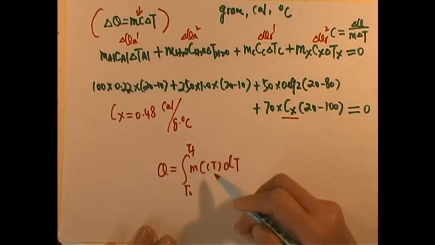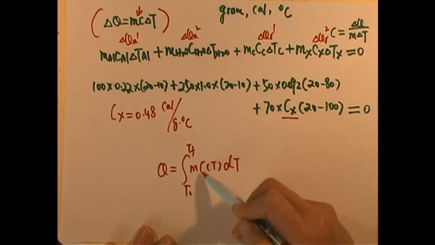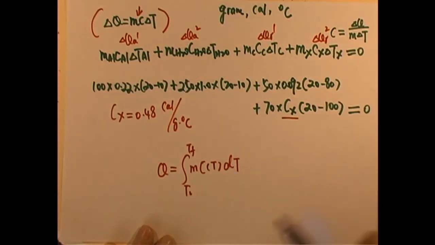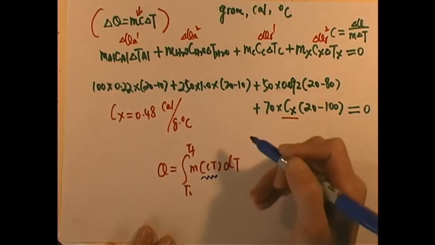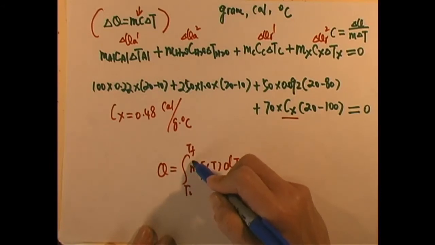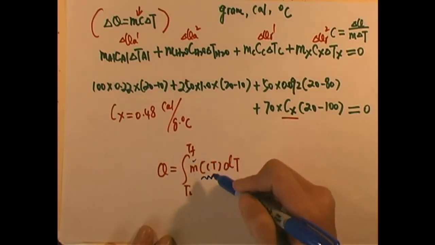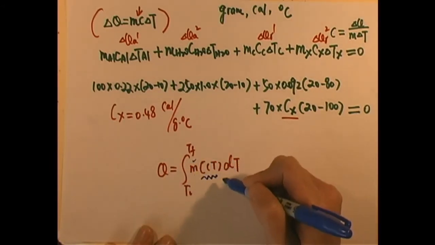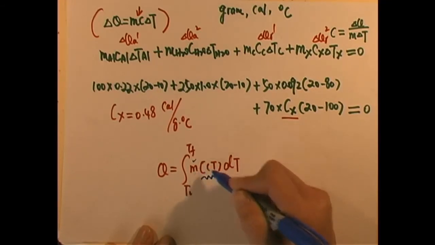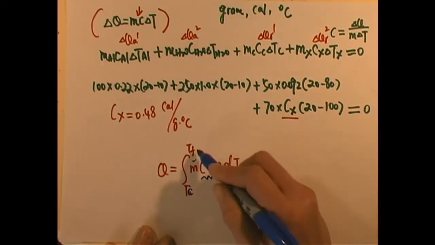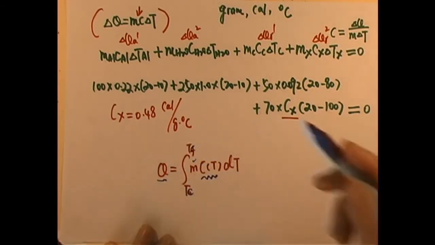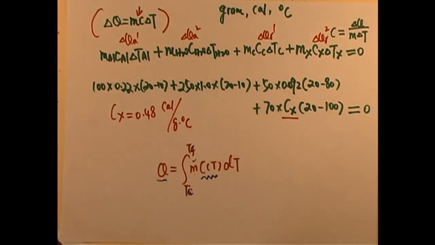If we know the function of that specific heat with respect to temperature, and if mass is constant, we'll be able to find how much heat the system needs to absorb to change temperature from initial to final. So sometimes we have to do the integral to find Q.